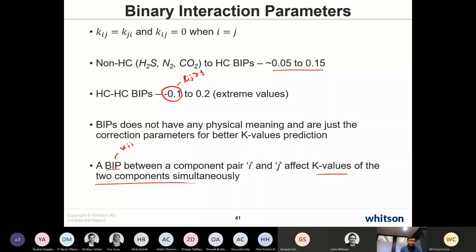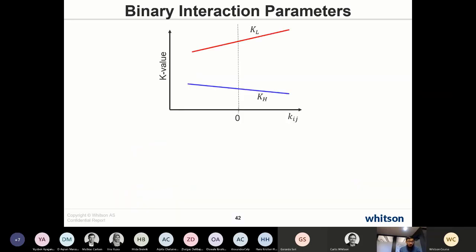We will see that in the next slide, and it's something very important to keep in mind. If we have a binary interaction parameter of 0, and then we start increasing it towards a positive number, we will see that with two components, a lighter fraction and a heavier fraction, the K values start moving apart from each other. This is, again, not to confuse the two Ks: this is the capital K, this is a small k.